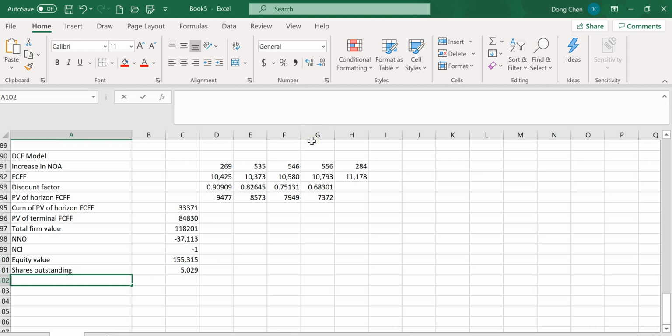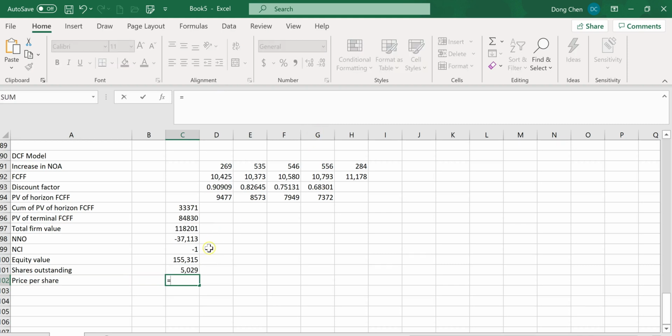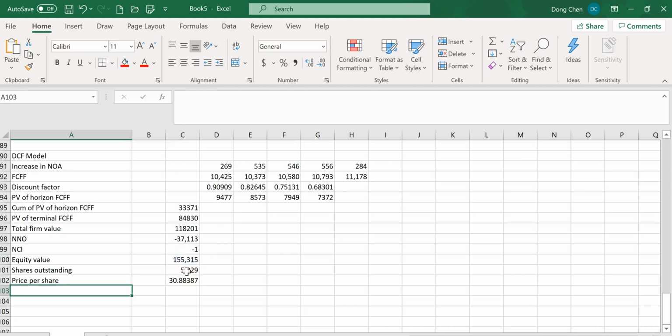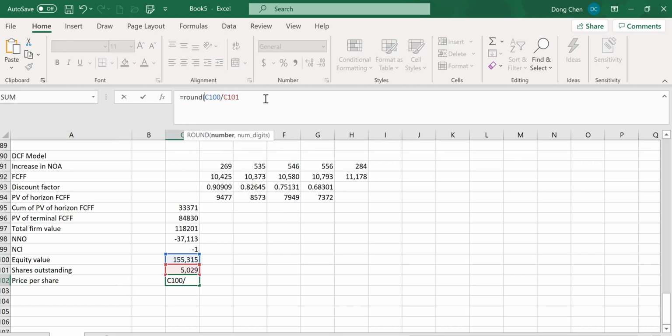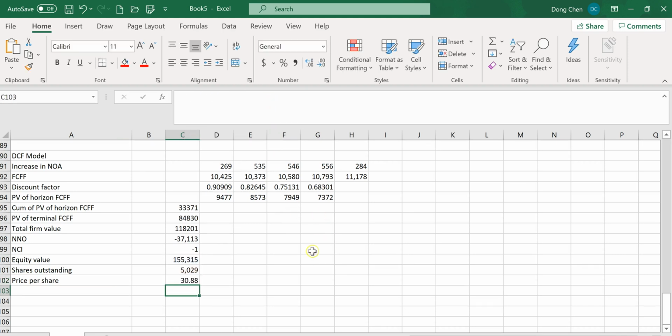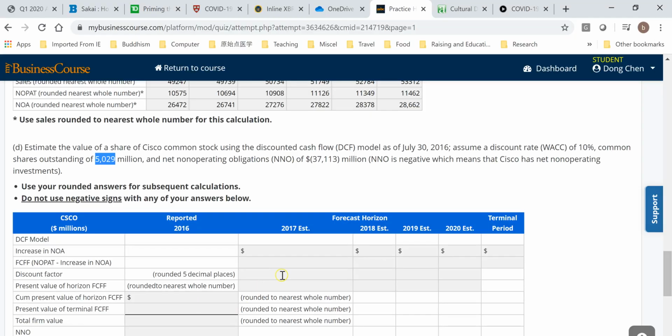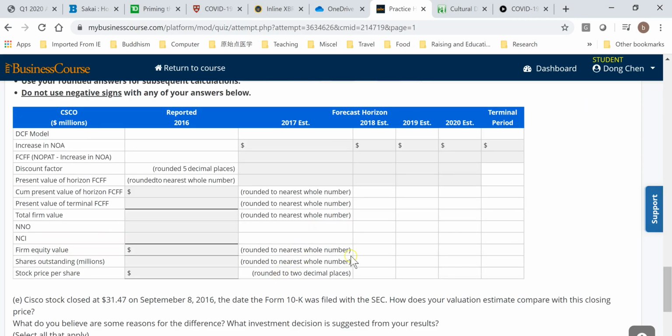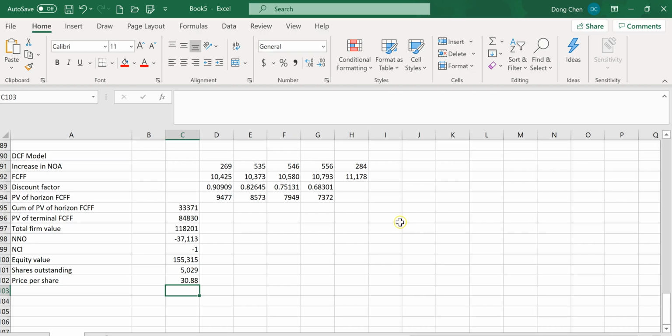And price per share is simply the equity value divided by the shares outstanding. Then we need to round this to 2 decimal places. So I guess we are done with this part of the exercise. The rest of the job is simply to copy the numbers back.